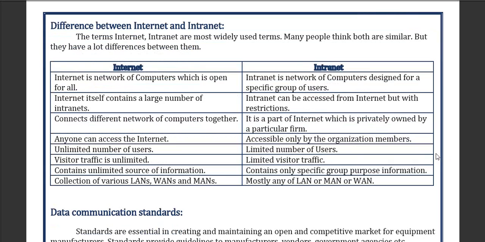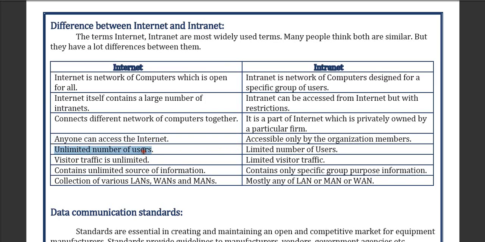The difference between internet and intranet. The internet means the network of computers which is open for all, but an intranet is a computer network designed for a specific group of users. Anyone can access the internet, but an intranet is for an organization.